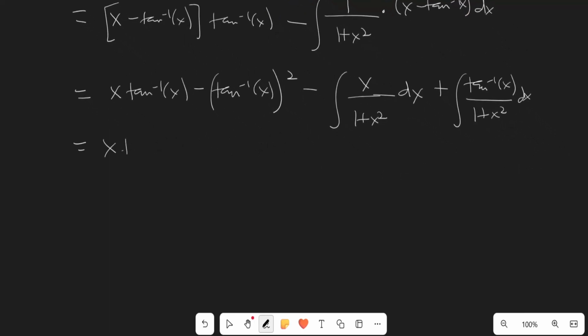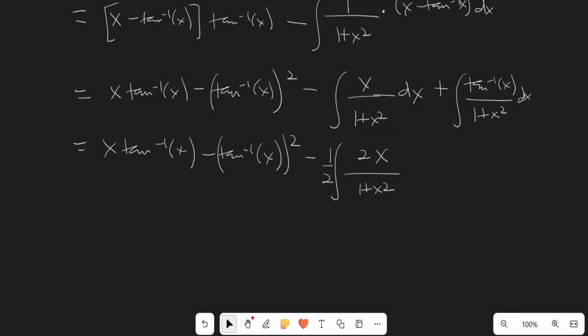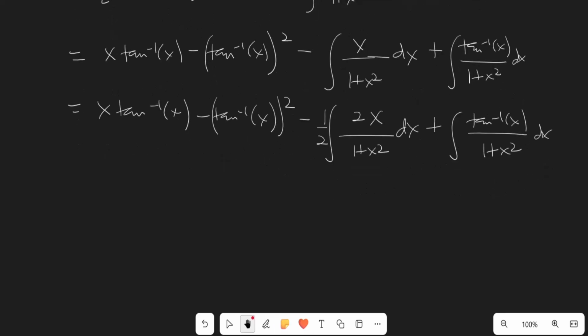So we are done with this. Can just write it again, x tan inverse of x minus the tan inverse of x all squared minus this integral, can multiply 2 to the numerator and divide by 2, dx plus the integral of tan inverse of x all over 1 plus x squared dx.